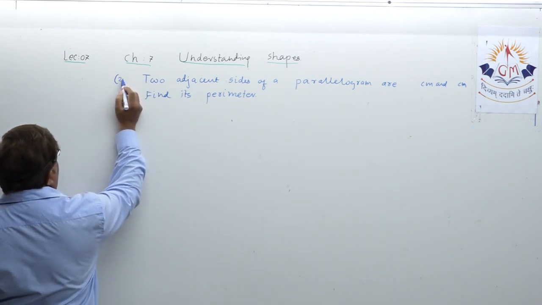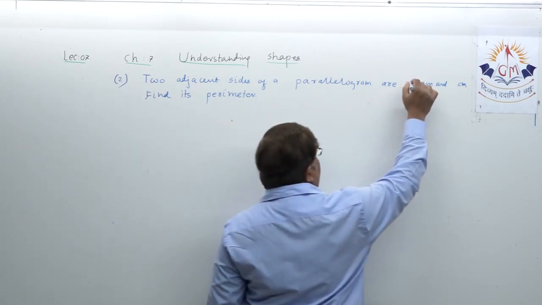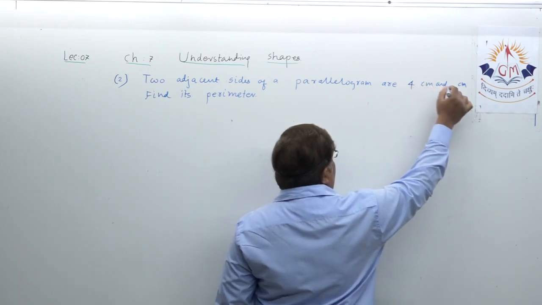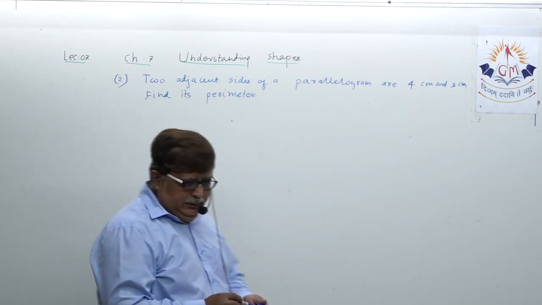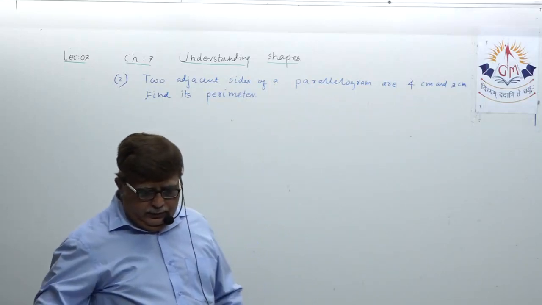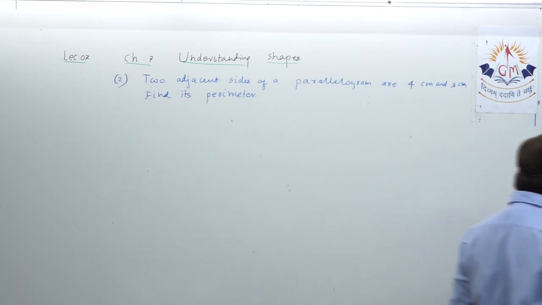Example number 2. Two adjacent sides of a parallelogram are 4 centimeter and 3 centimeter. Then find its perimeter. Try to solve it. 3 minutes time for you.